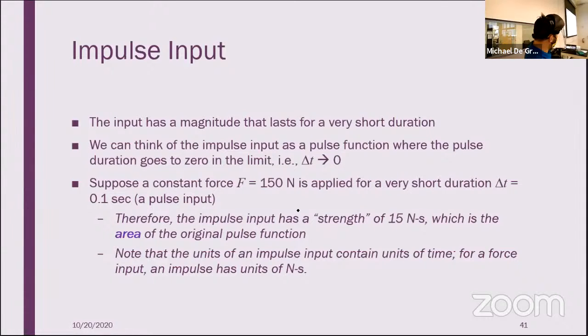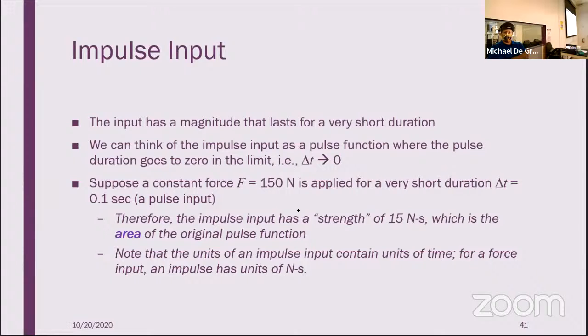You strike the nail with a large amount of force over a very short period of time. Another way of thinking about this mathematically is that you treat an impulse input like a pulse function where the duration goes to 0, in the limit as time goes to 0.